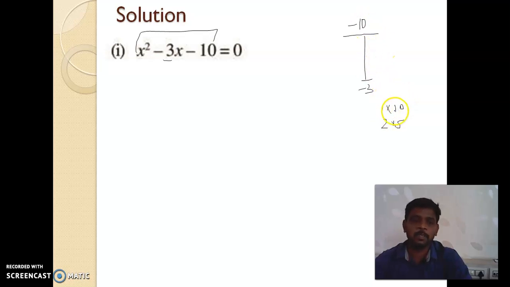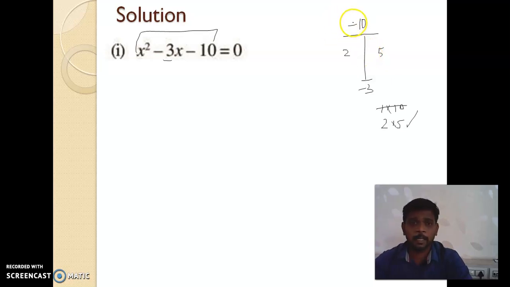Out of these, I choose the factors such that they satisfy the bottom number also, that is, when we add or subtract those factors, we get minus 3. Is it possible to add or subtract 1 and 10 to get minus 3? It is not possible. So the only possibility is through the factors 2 and 5. When we multiply these two, we get plus 10, but not minus 10.